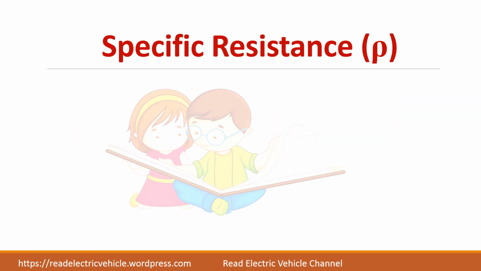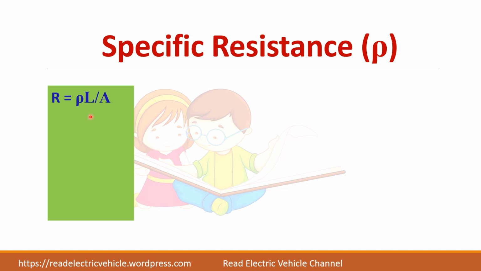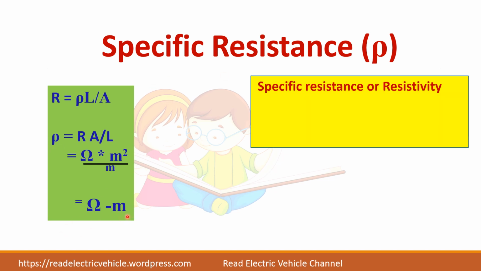Now let's see about this specific resistance. We have seen that resistance is equal to rho L by A. So what is rho? Rho is equal to R into A by L. So R is in ohms, area will be meter square divided by meter. So the unit of resistivity or specific resistance is ohm meter.